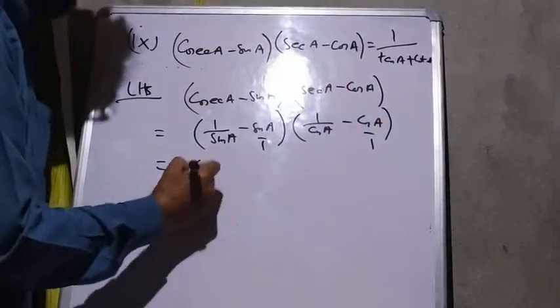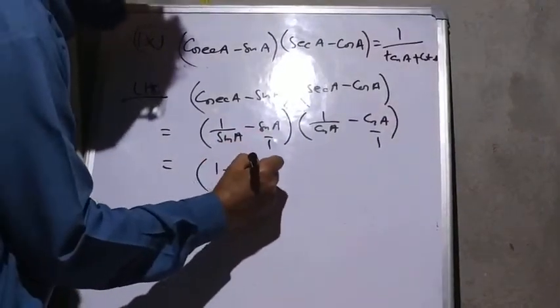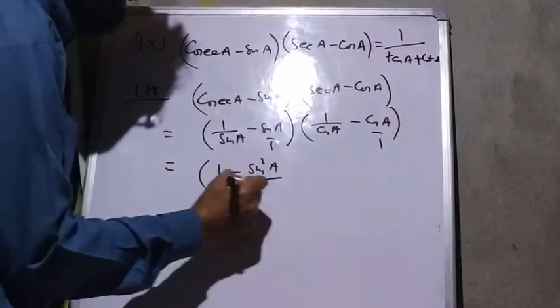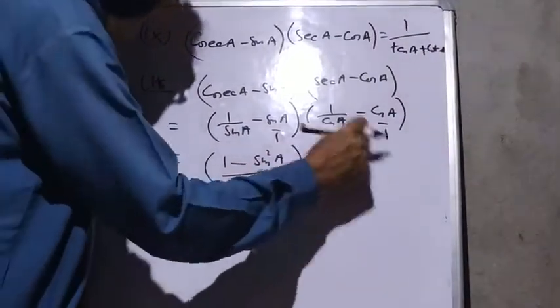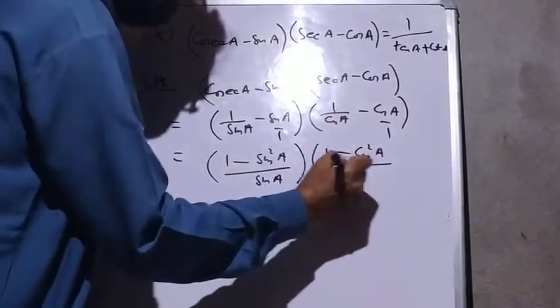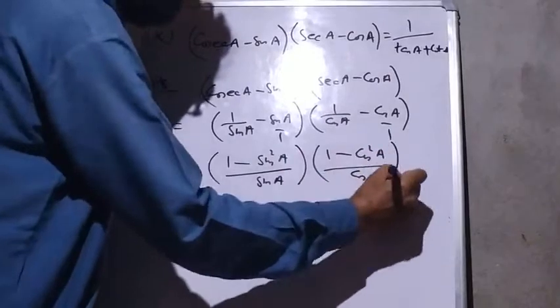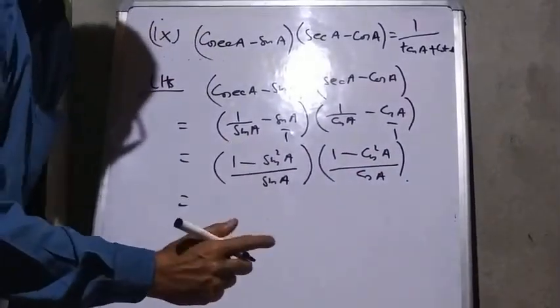Now cross multiply: 1 into 1 is 1, minus sin into sin is sin squared A, divided by sin A, into 1 into 1 is 1, minus cos into cos is cos squared A, divided by cos A. Now we know 1 minus sin squared theta is cos squared theta.